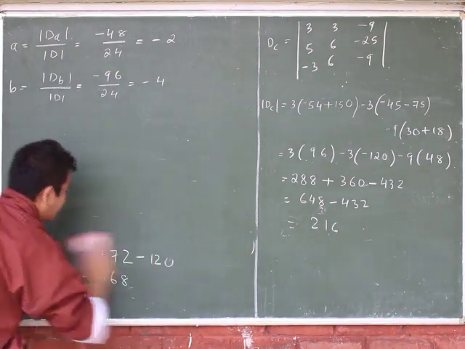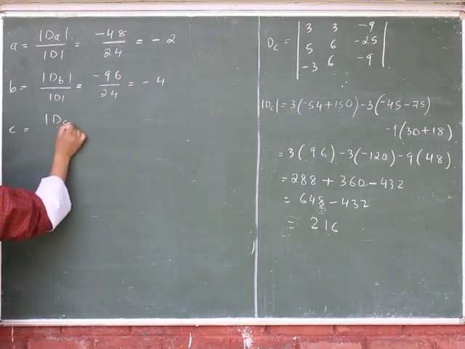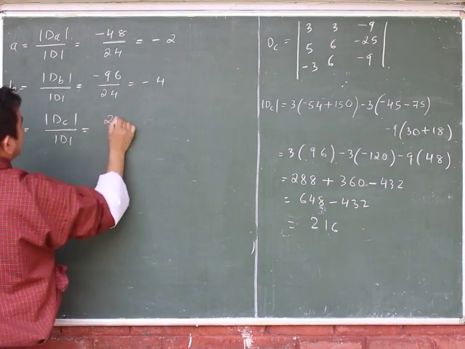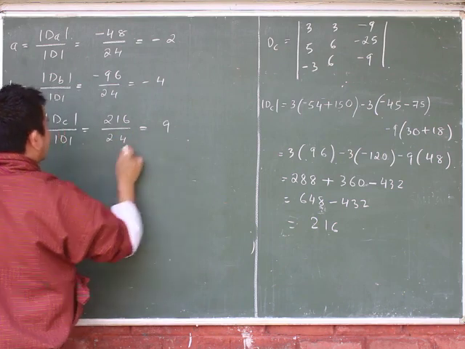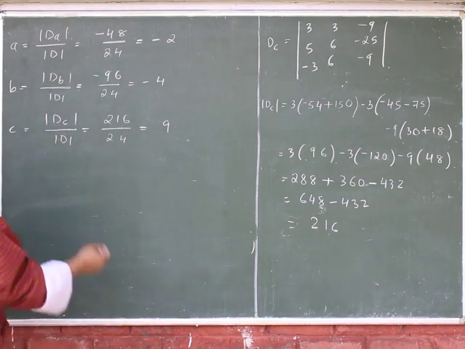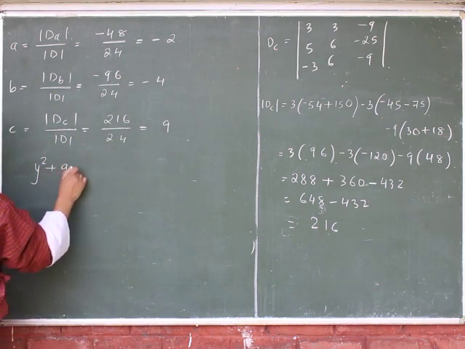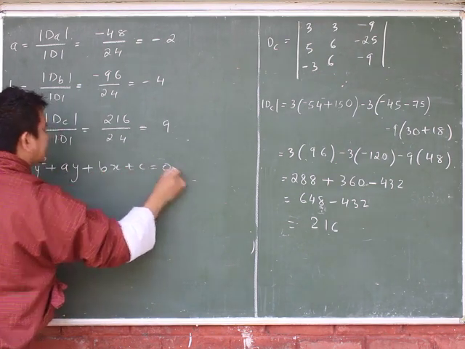Then the last one is the value of C. Value of C is determinant dC divided by determinant D. dC we have is 216 divided by 24, which is equivalent to 9. So finally, we know the first equation was y squared plus ay plus bx plus c is equal to 0.